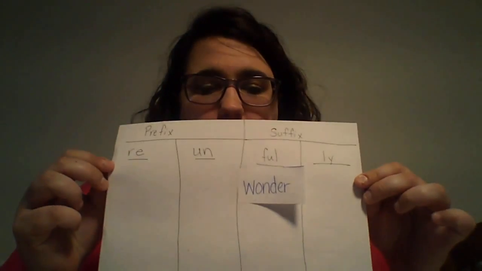So what I would do is get some glue, or in my case a piece of tape for the time being, and I would stick wonder under the category that says full. So then my suffix for wonder would be full. So I would make the word wonderful.